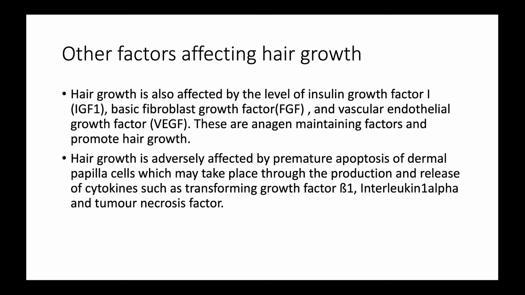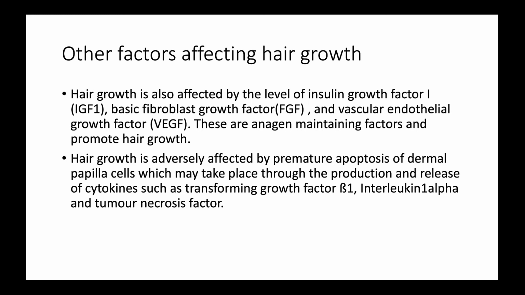other factors: growth is adversely affected by premature apoptosis of dermal papillae cells, which may take place through the production and release of cytokines such as transforming growth factor beta 1, interleukin 1 alpha, and tumor necrosis factor. So these cause the inhibition of the growth.